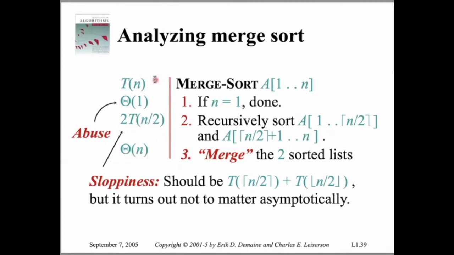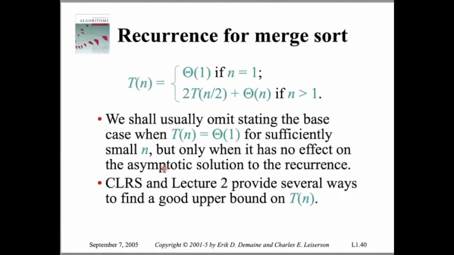With that representation, we can write a recursive formula: when n is equal to 1, we have this as the running time of the algorithm. Otherwise, if n is greater than 1, the running time of merge sort is the time it takes to sort the first half and the second half, so that's 2 times T of n over 2 plus the running time of merging the two.